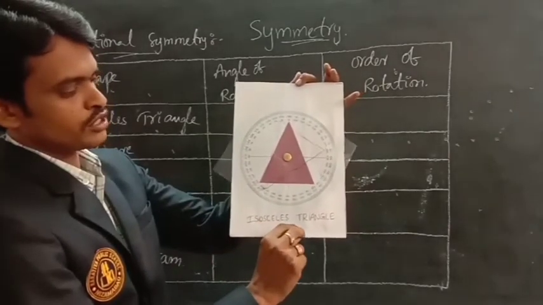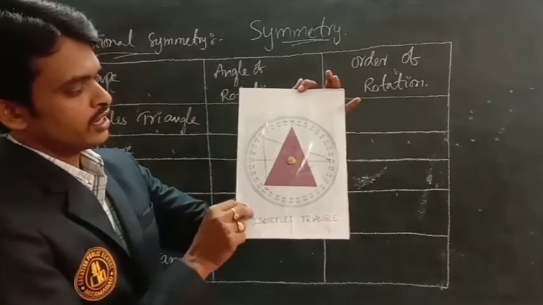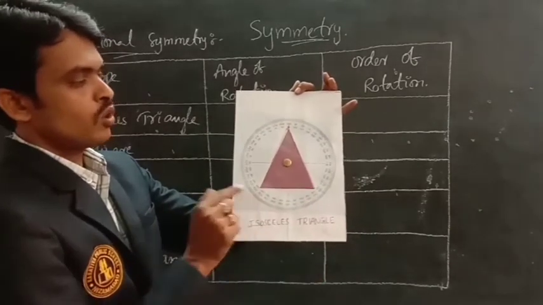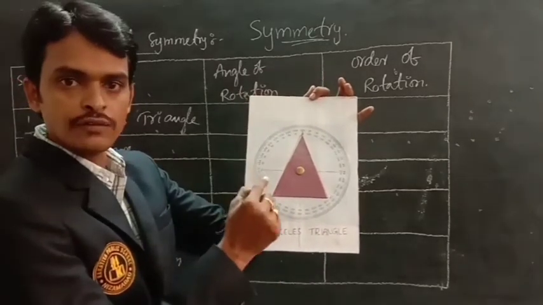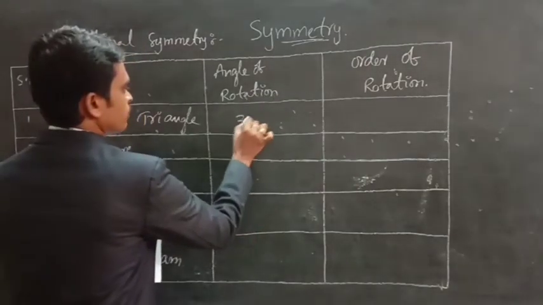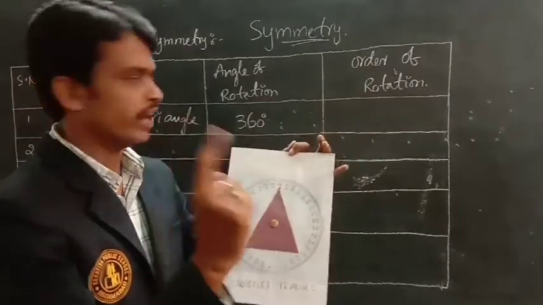After rotating 360 degrees, it comes back to its original position. So the angle of rotation of the isosceles triangle is 360 degrees, and the order of rotation is 1.